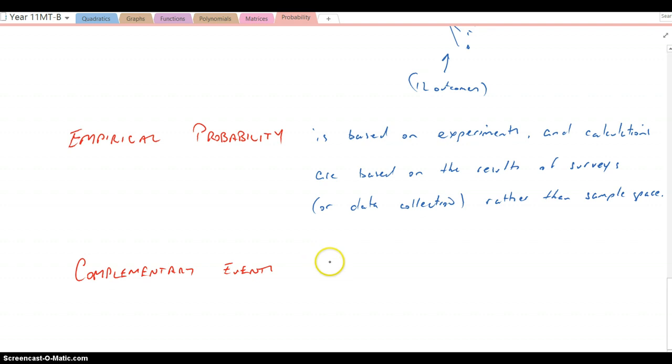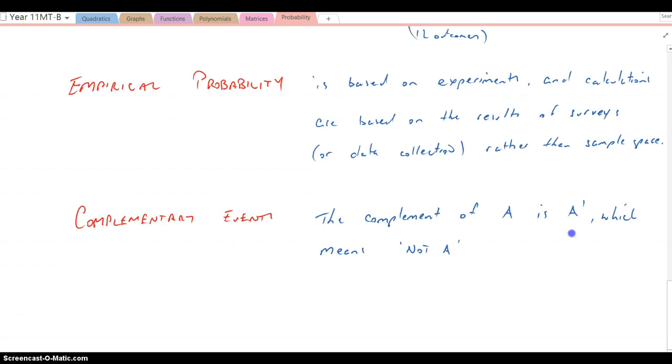The complement of A is A dash, which means not A. So the complement of A is everything but A, and you denote the complement of A by A dash.